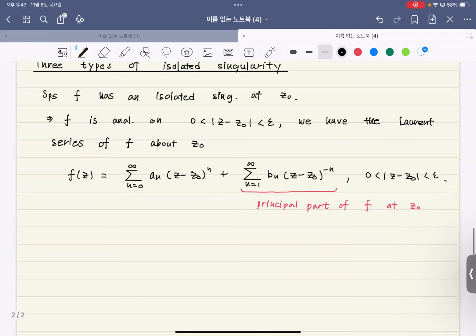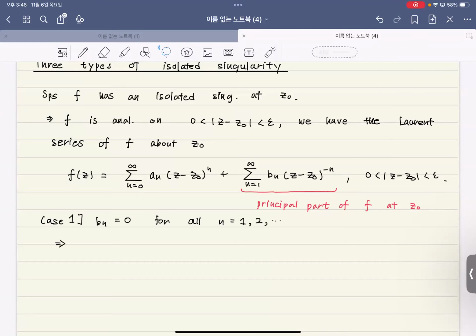So what are these? I will begin from the easiest case. Case number 1: b_n equals 0 for all positive integers n. Then my Laurent series must look like this, since I have no principal part here.